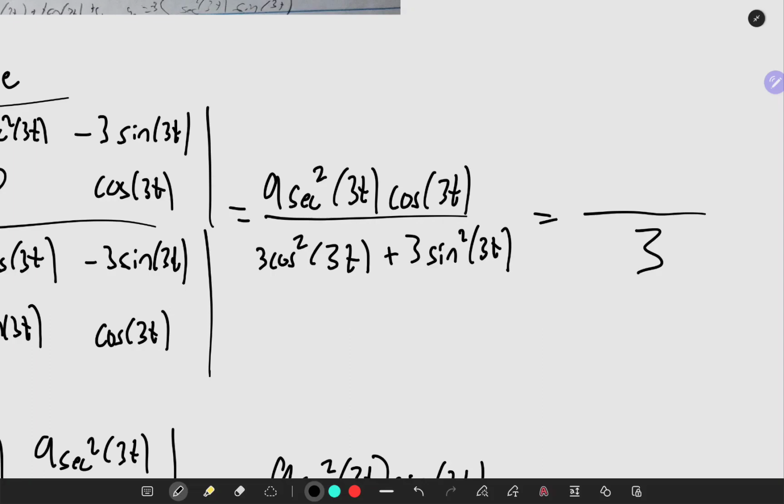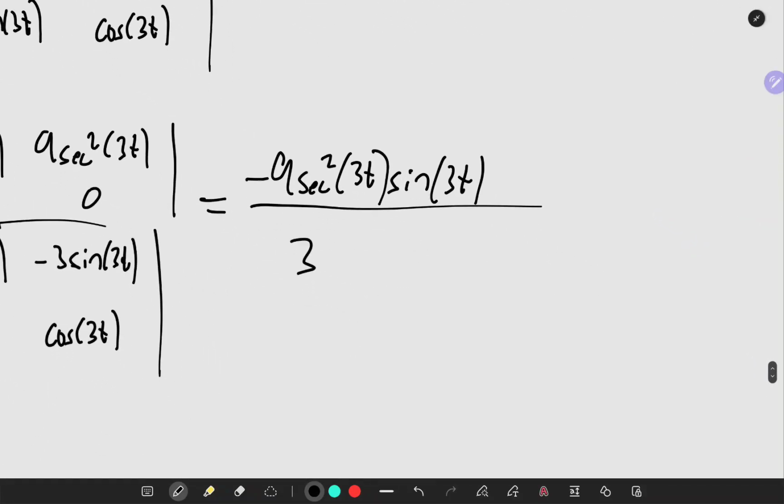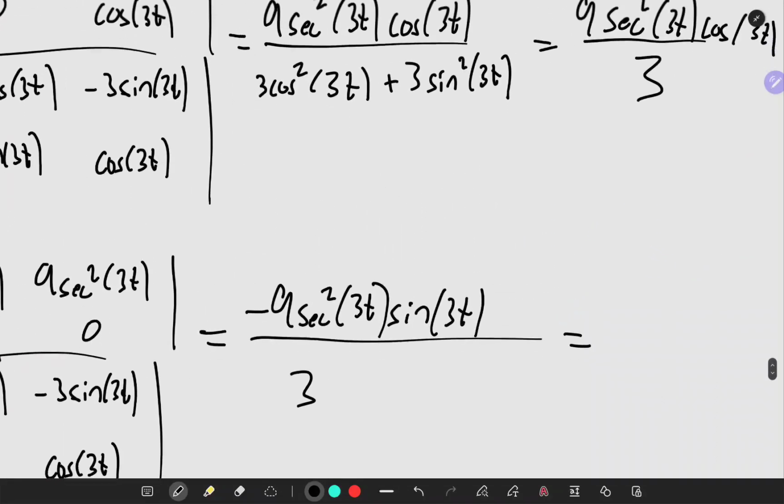I mean, that's the same thing. Okay, you know what? I'll leave it like that. It doesn't matter. Because we still have to integrate it, remember? So it doesn't matter if you leave them like this, actually.